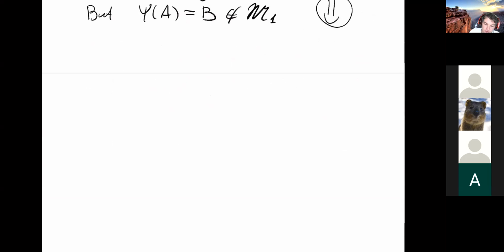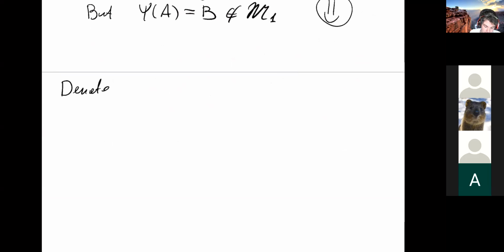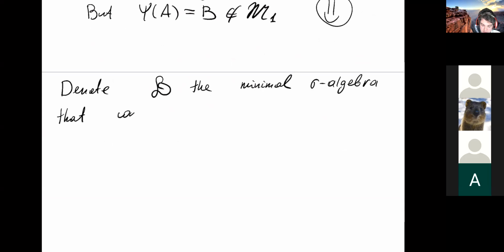And the reason we're doing all this is the following very important result. We discussed it a little bit. We will now denote by fractured B the minimal sigma algebra that contains all open sets.